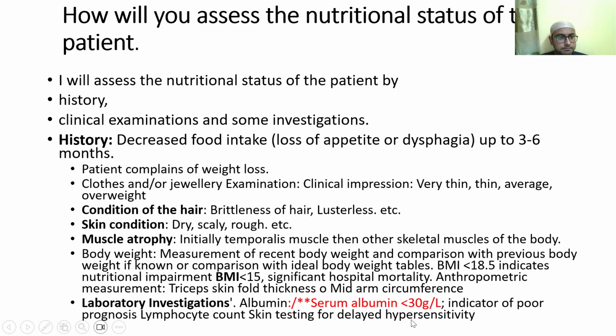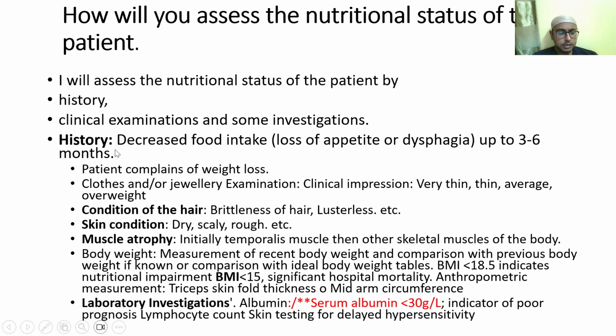This is the pattern that you should continue throughout, and use in all your long cases. So I will assess nutritional status of the patient first, then I will take additional history and do some necessary clinical examinations and some investigations as well.